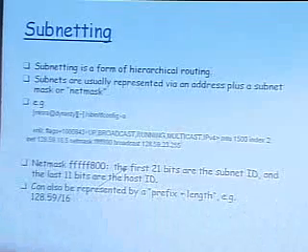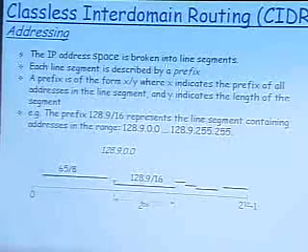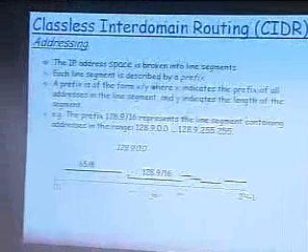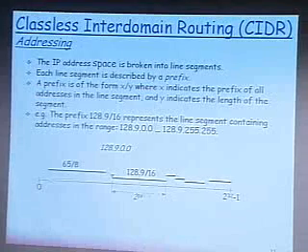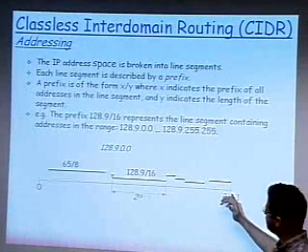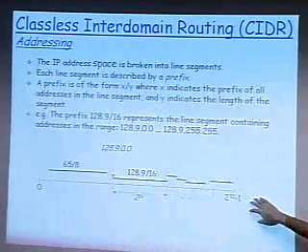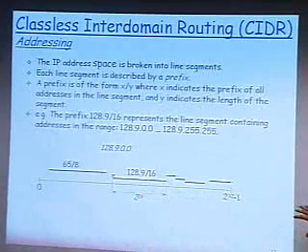And this idea is carried forward with CIDR. So now in CIDR, instead of having these fixed size segments, class A, class B, class C, you again look at the entire address space as a straight line going from 0 to 2 raised to 32 minus 1.